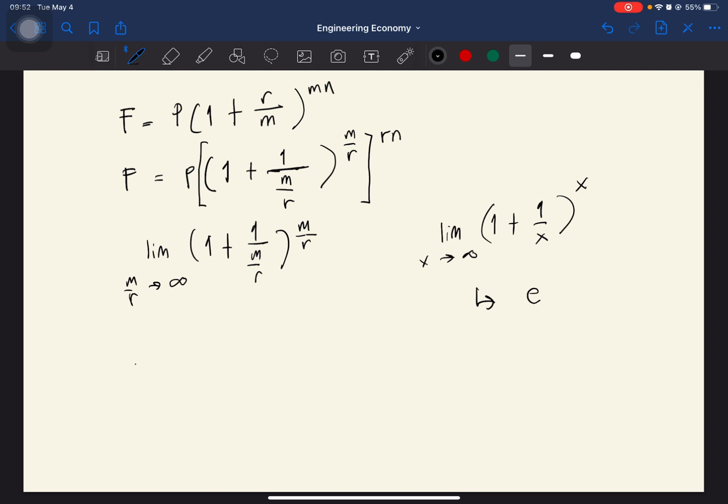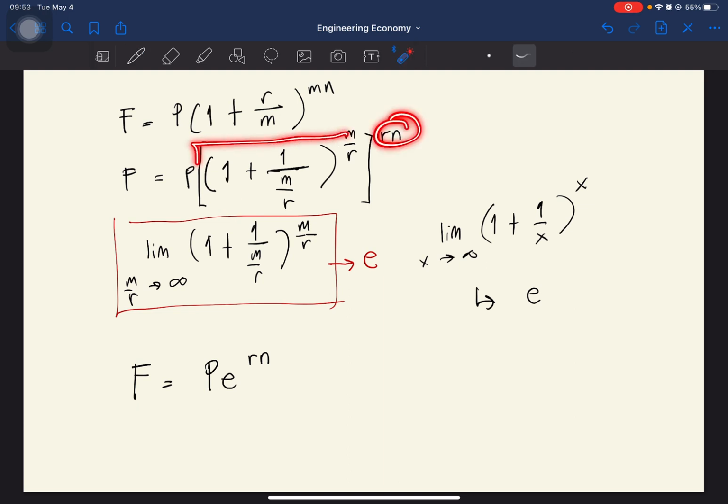Okay? So, the whole formula is going to be, wait lang, square natin. This will become E. Okay? So, the whole formula will become F equals, future worth equals present worth times E raised to Rn. Saan galing yun? Ayun, yung Rn sa labas. Itong part na to, pinalitan lang natin ng E. So, P times E raised to Rn.